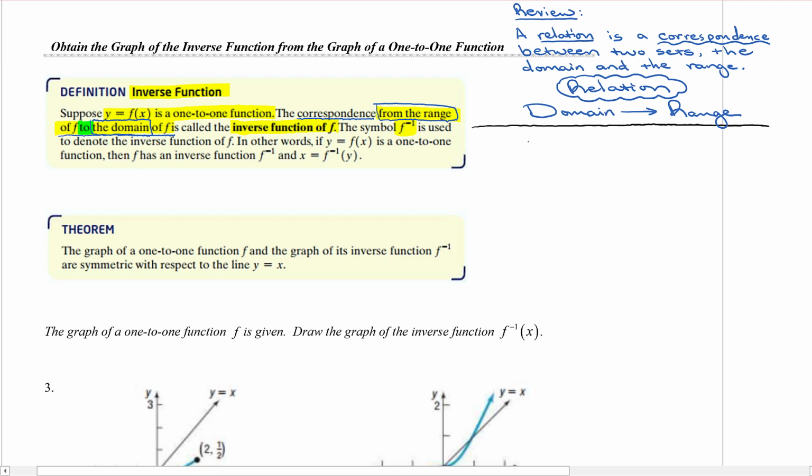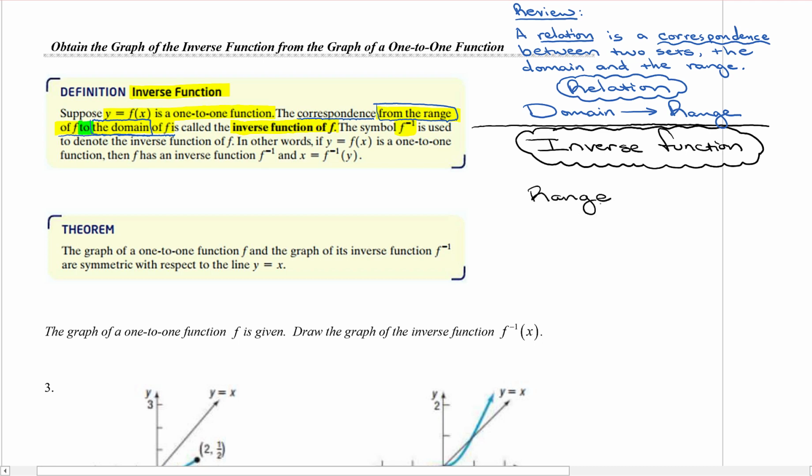So when you're working with an inverse function, you're basically taking that original function, whatever you took the inverse of, and it's like you're switching the domain and the range around. So with an inverse function, you're taking the range of the original function, and that's going to get mapped to the domain of that original function, which I'm calling f here.